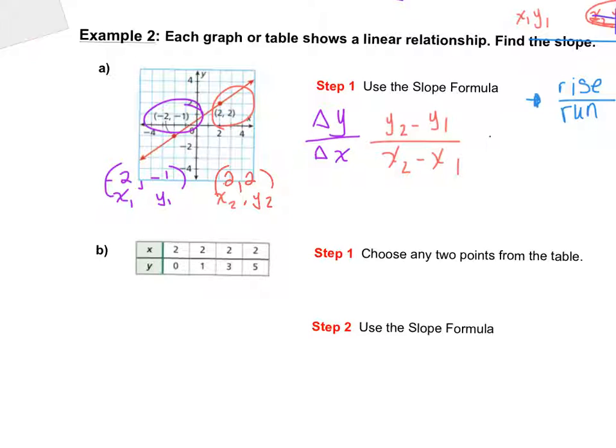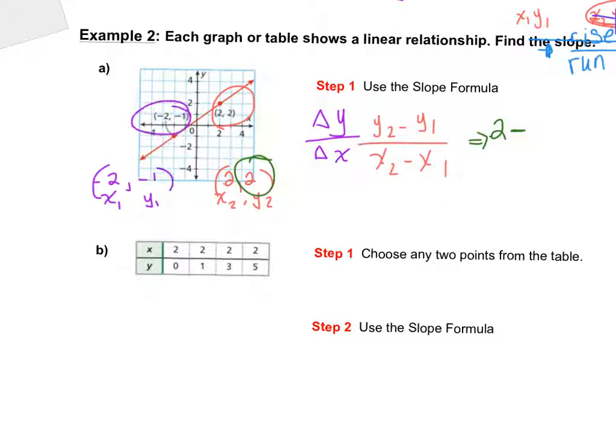And then when I go to plug these in, y2 is going to be equal to 2. So it's going to be y2 minus, and now look at your y1. Your y1 is -1.